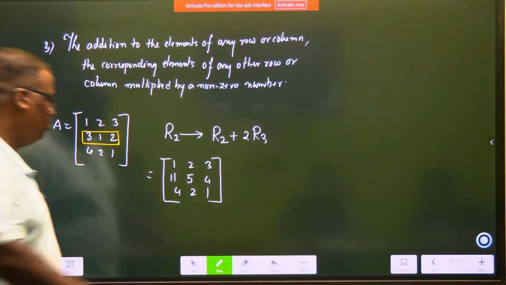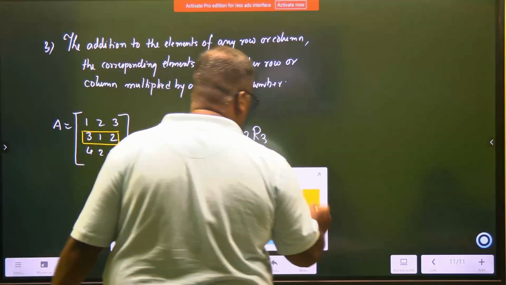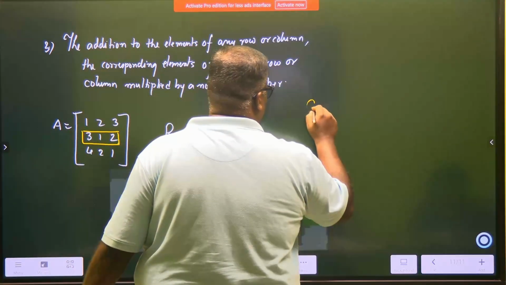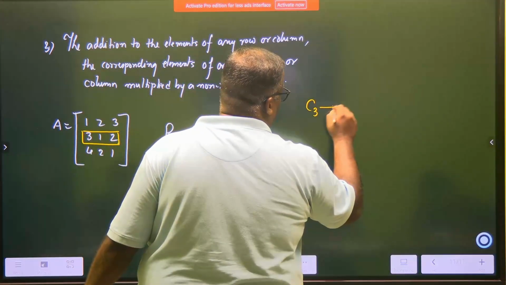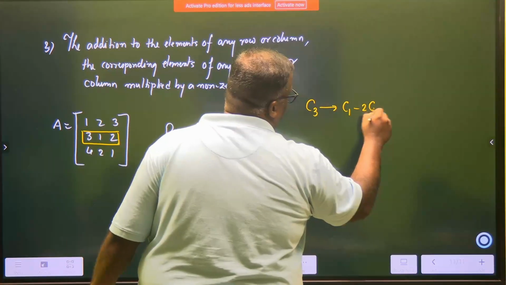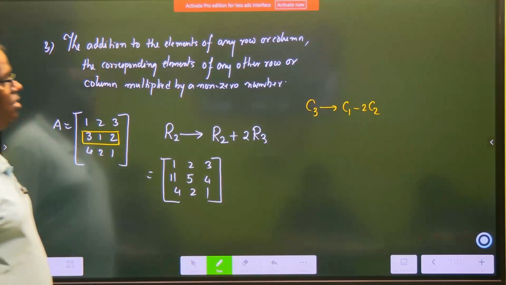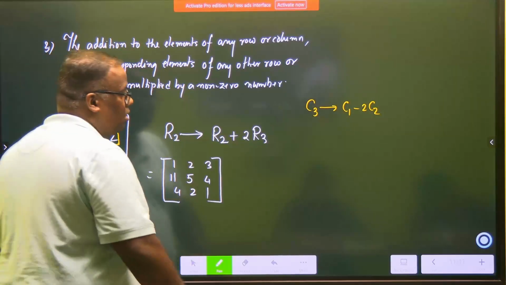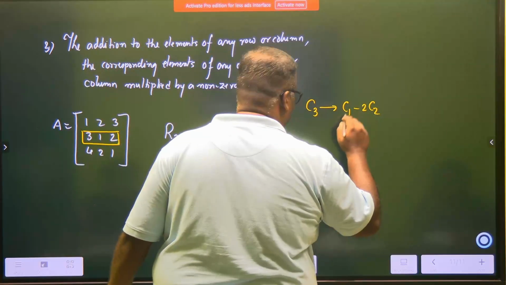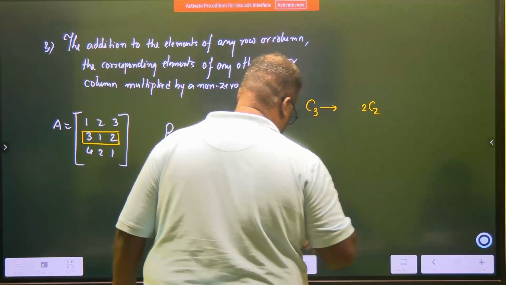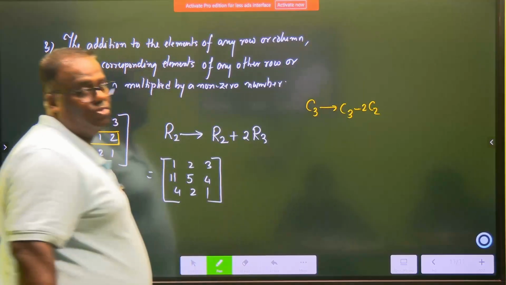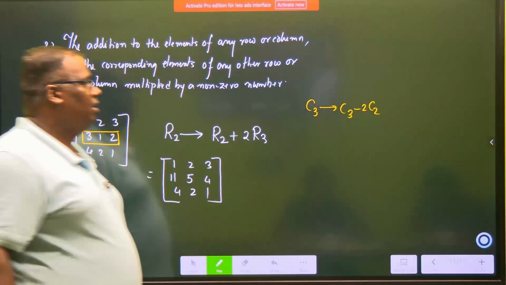Can you do this operation for me from the original matrix? You say C3 becomes C3 minus 2 times C2. Sorry, this mistake happened. C3 becomes C3 minus 2 times C2.